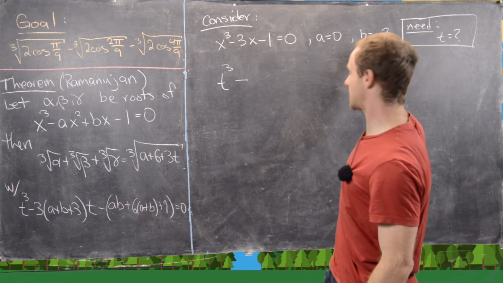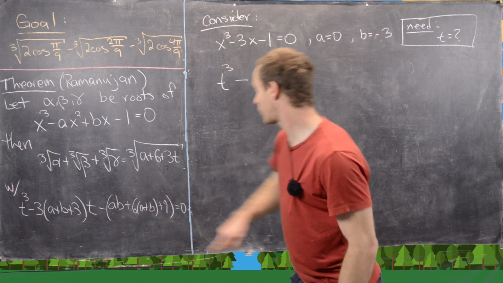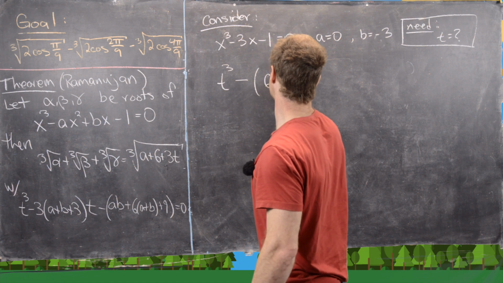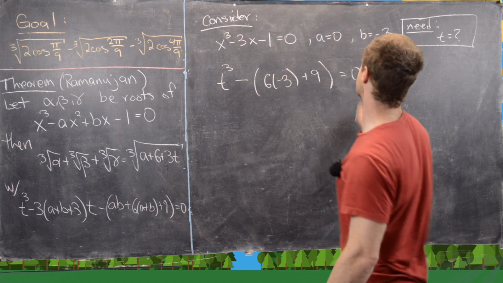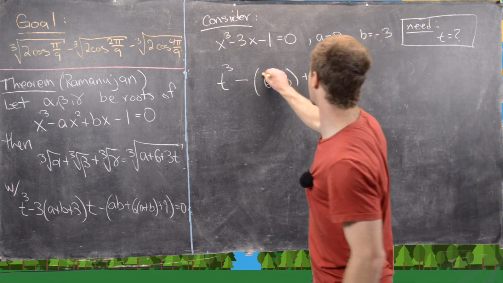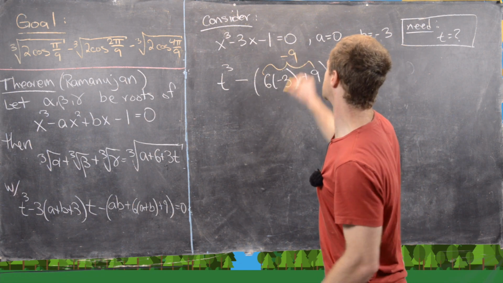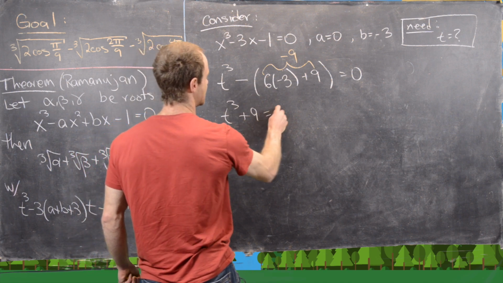So notice that a times b is 0, and then a plus b is -3, so that's going to give us 6 times -3, and then plus 9, so that's equal to 0. Great. So the next thing to notice is that this is going to be equal to -18 plus 9, so that's -9. So that gives us this t cubed plus 9 equals 0.